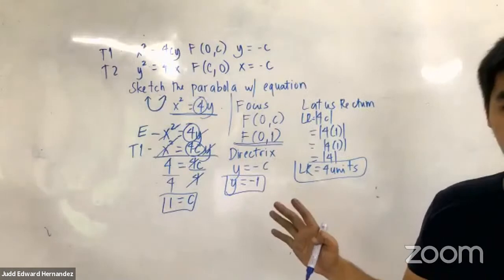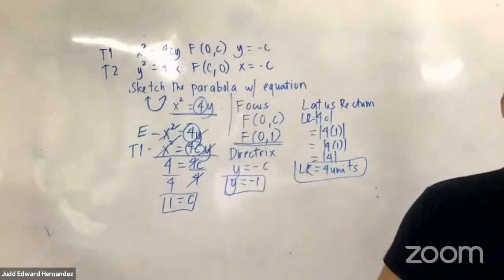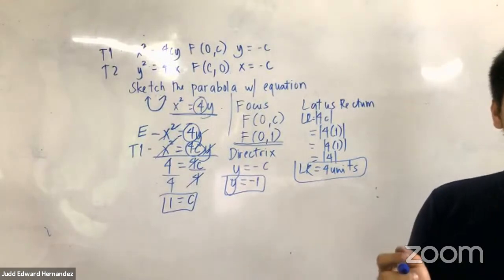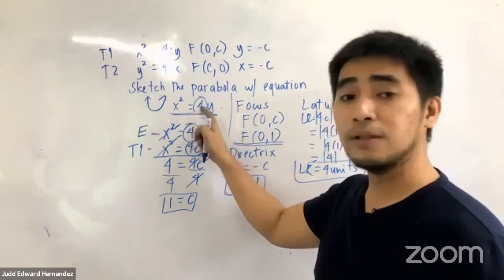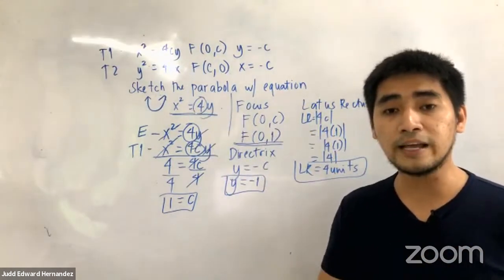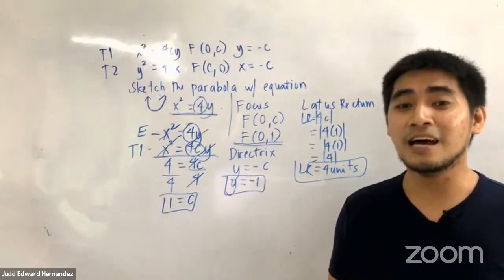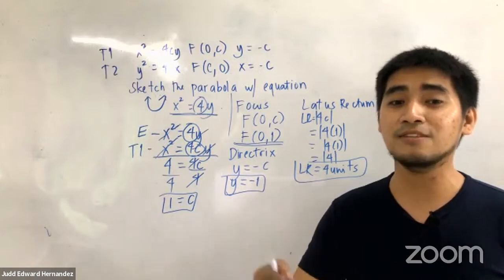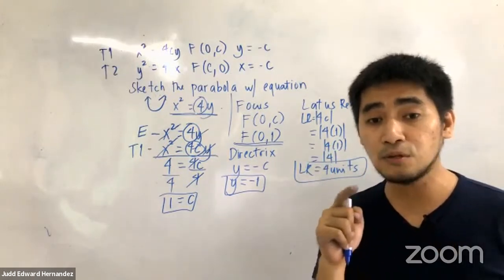So, kung makita mo, yung number palagi sa right side nung hindi naka-square, siya palagi yung length ng latus rectum. Eh, for example, naging negative 4y yan. What is the length of the latus rectum? Negative 4. Okay, guys, mali. Sabi natin kanina, the length of the latus rectum is always positive because that is the absolute value.